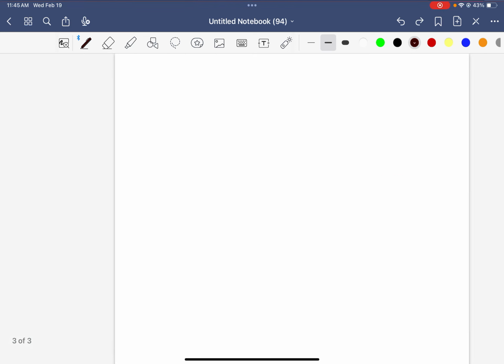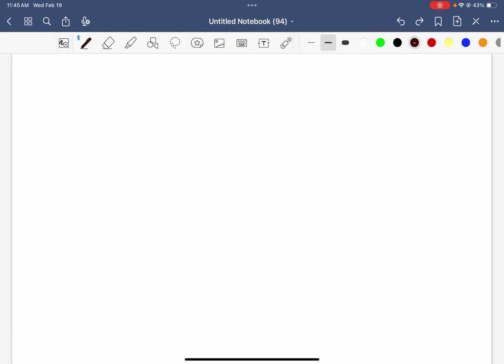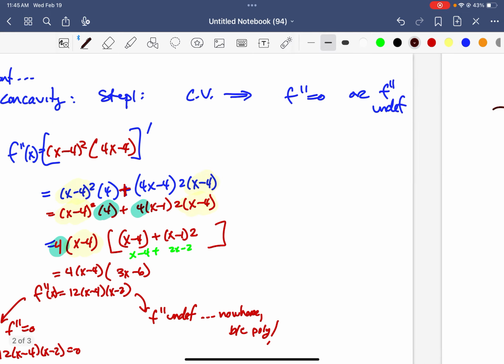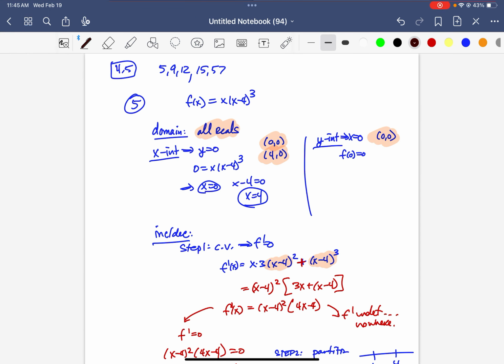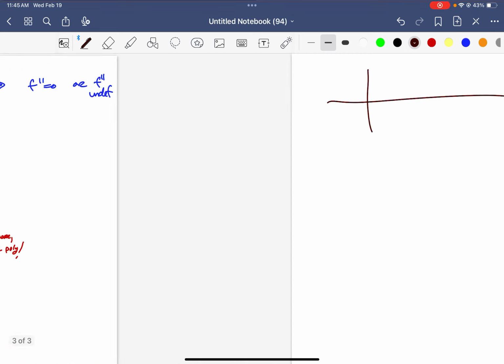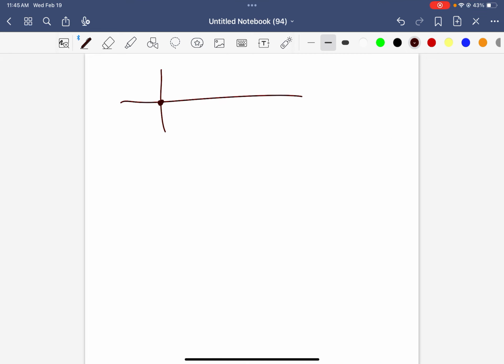So now we're ready to put it all together. So when we think about what this looks like, first we have our x and y intercepts. It seems like, when we go back and look, x equals 0 and x equals 4 were our only intercepts. So we got 0 and 4, right?